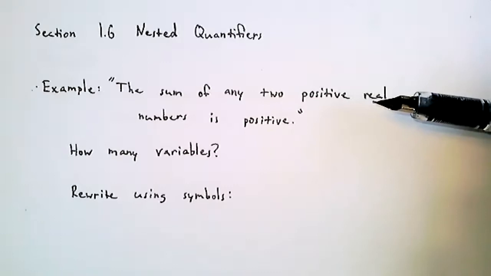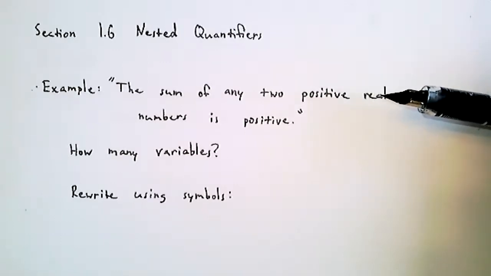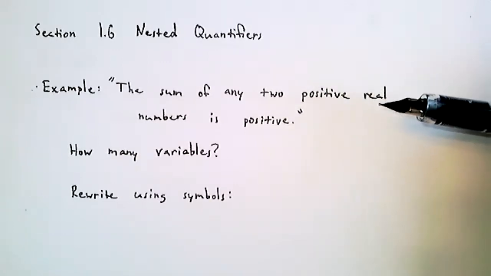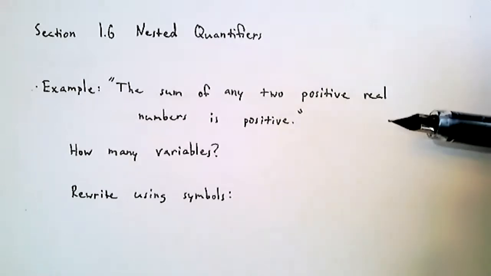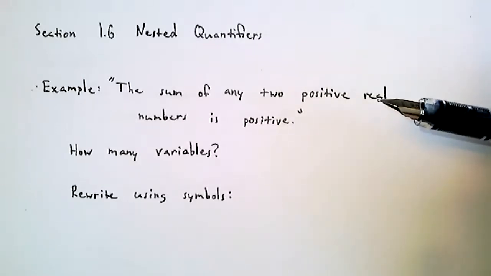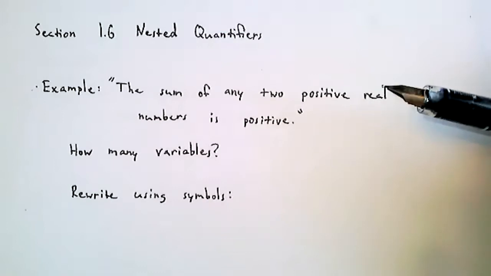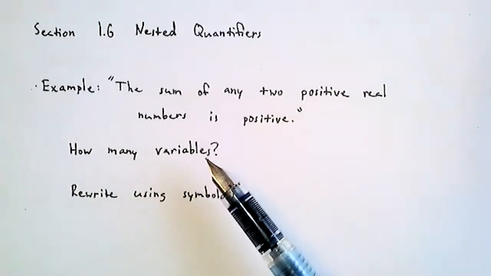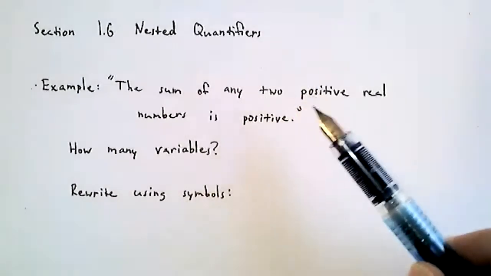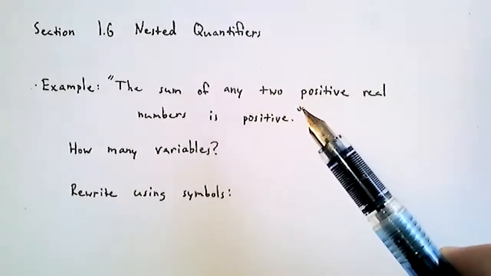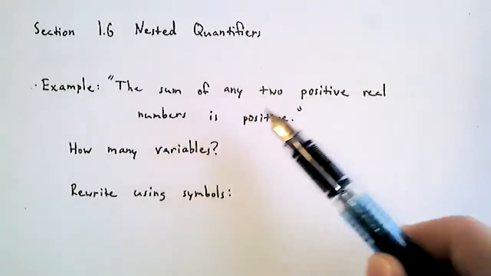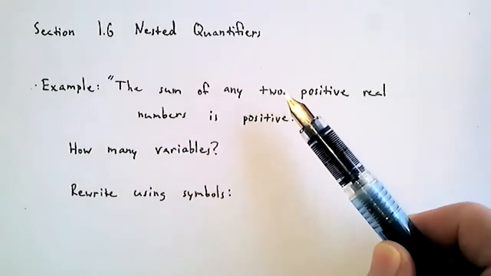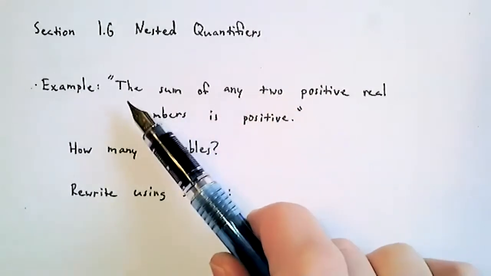You might remember from the last section, 1.5, where we were talking about quantifiers to begin with, there was this idea of the propositional function. We're thinking of plugging variables into some function that gives us our proposition, our statements. So how many variables are there here?